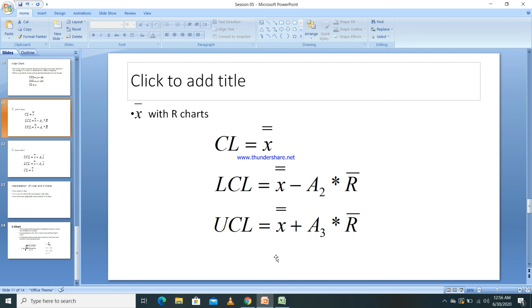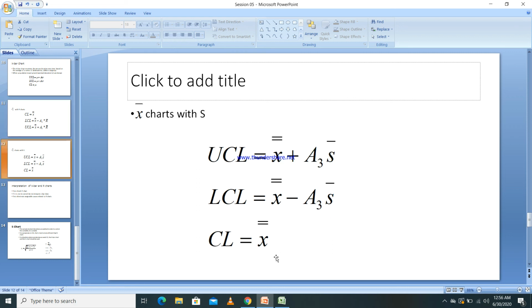So what I want you to understand is the concept of constructing these charts using the data set and the table. And then again, I told you sometimes we use the S chart with the X bar chart. The S chart is used when you know your sample standard deviations.